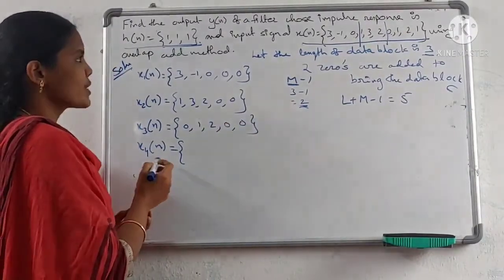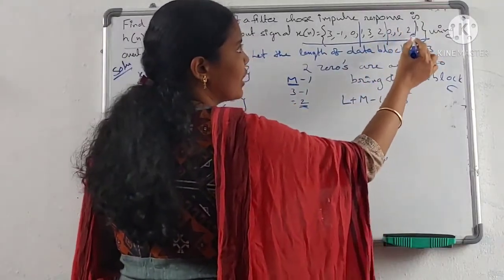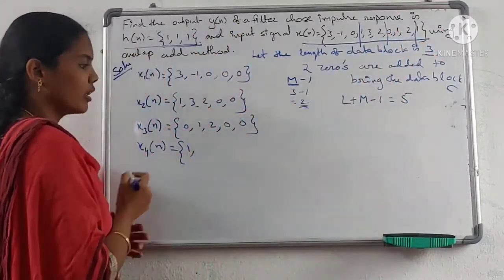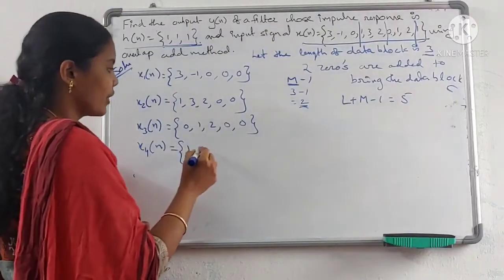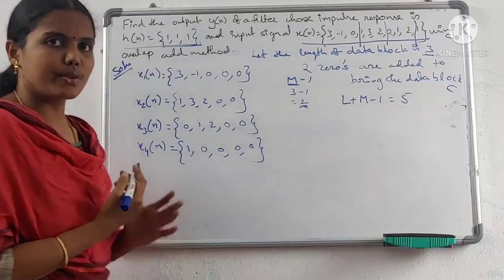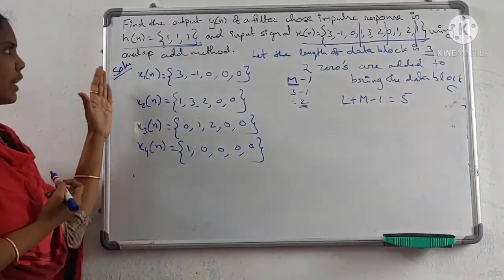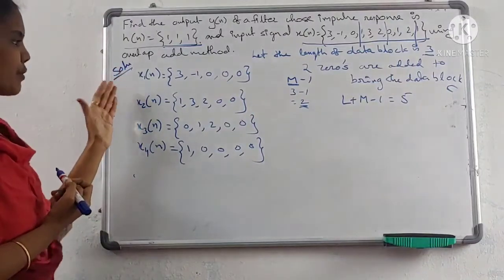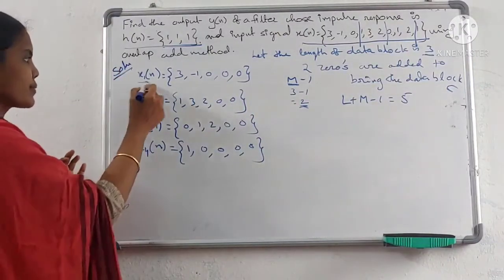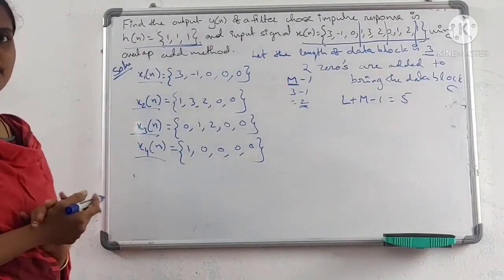Now x4 of n: we have completed up to 0, 1, 2. After that, 1, and for the remaining you have to add zeros. So the entire x of n is divided into different blocks, that is x1 of n, x2 of n, x3 of n, x4 of n. This is the first step.